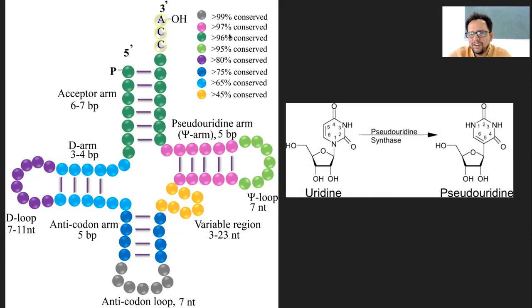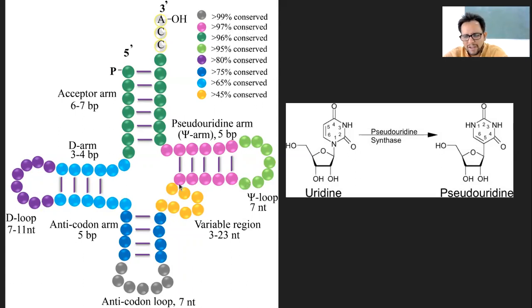Similarly, the conservation pattern is given here, and this is evolutionarily related. That means through the process of evolution, the particular nucleotide sequence has been passed on through different species as they evolved from a common ancestor, and that is why there is this conservation.